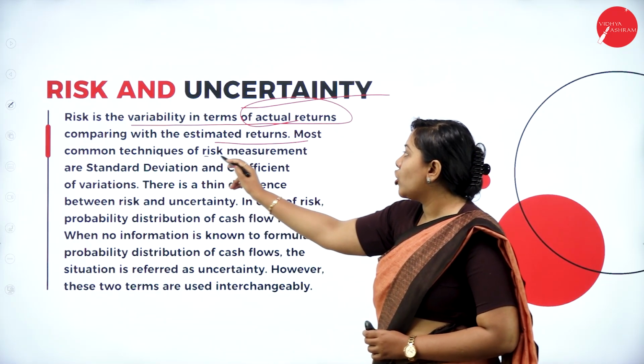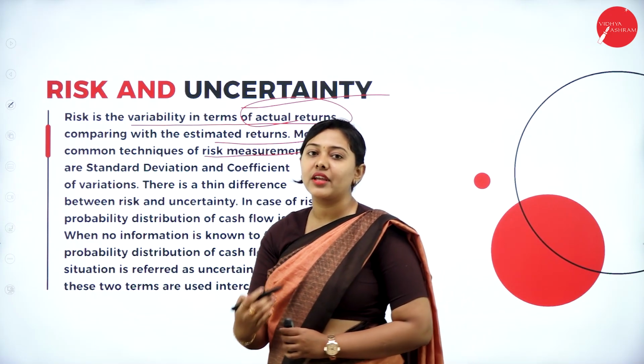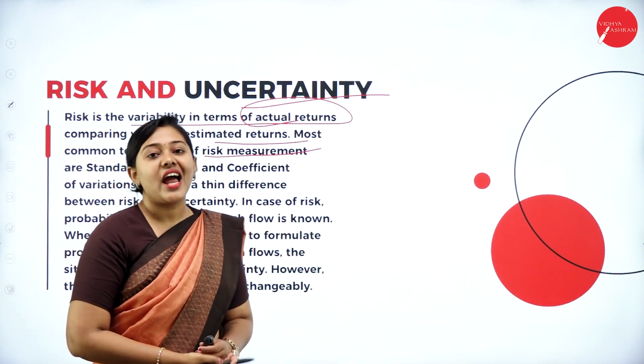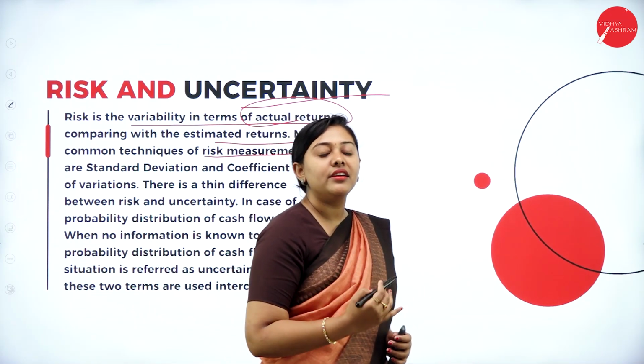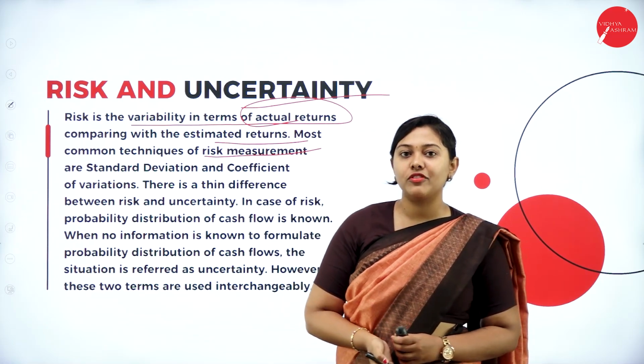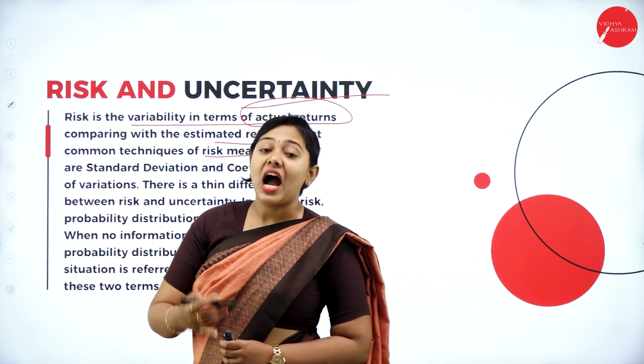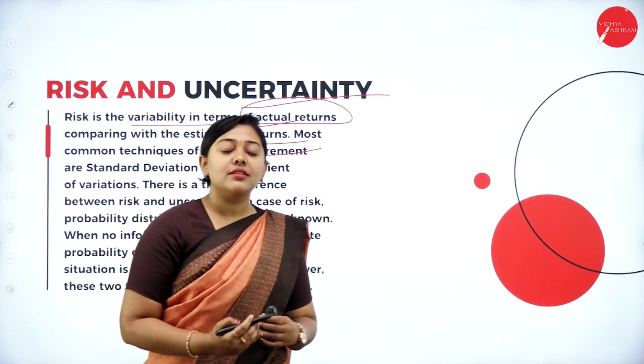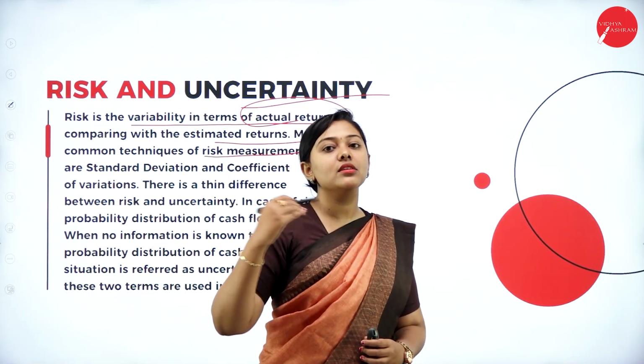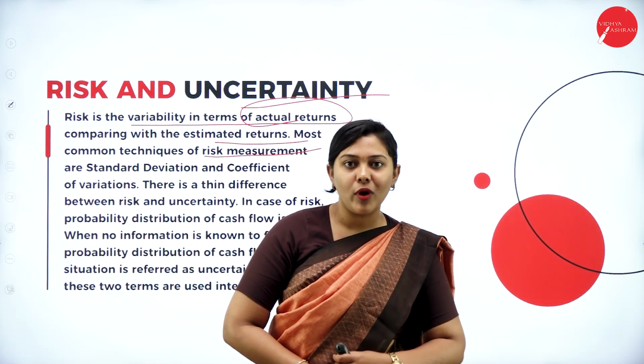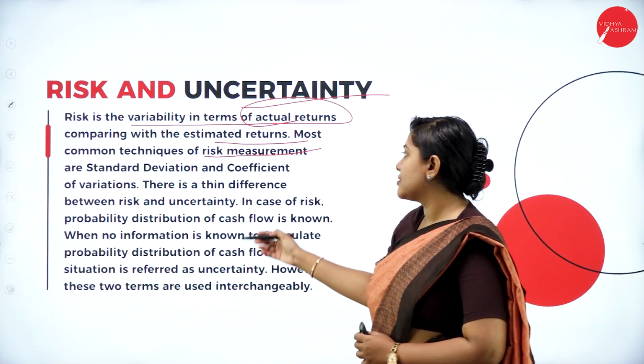The most common techniques of risk measurement are statistical techniques, that is, standard deviation, variance and coefficient of variation. We also have other techniques to calculate risk. Let us look at all those one by one in the upcoming slides.